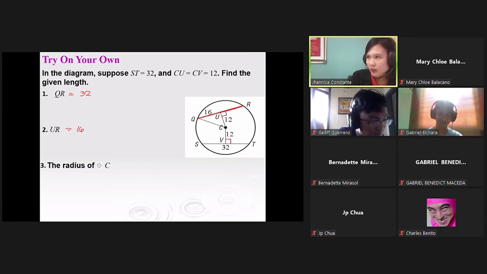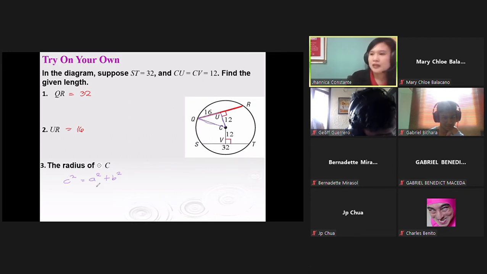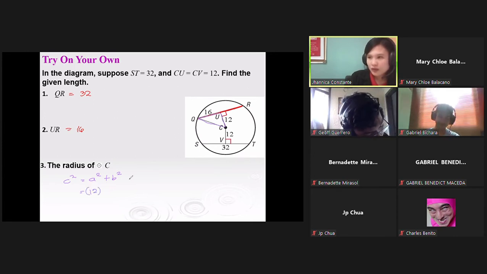So using the Pythagorean theorem, the hypotenuse squared is equal to the sum of the squares of the two sides of the right triangle. So we have A, which is equal to 12 squared, plus the other side of the triangle, which has a measurement of 16 squared.